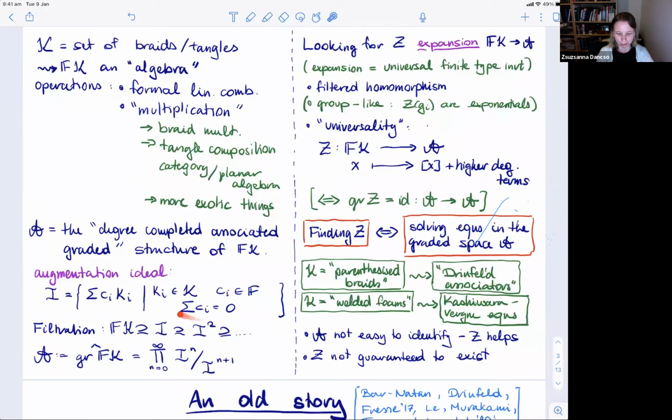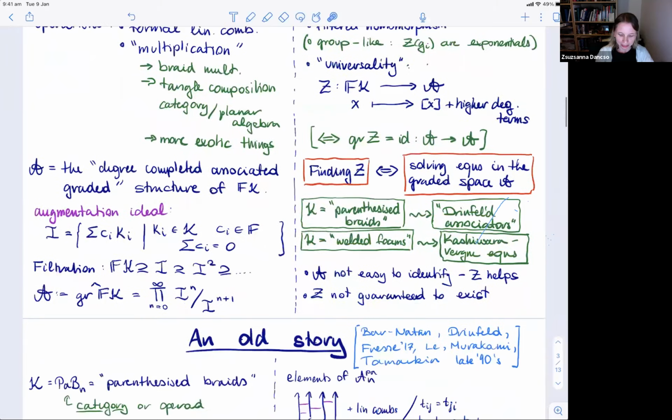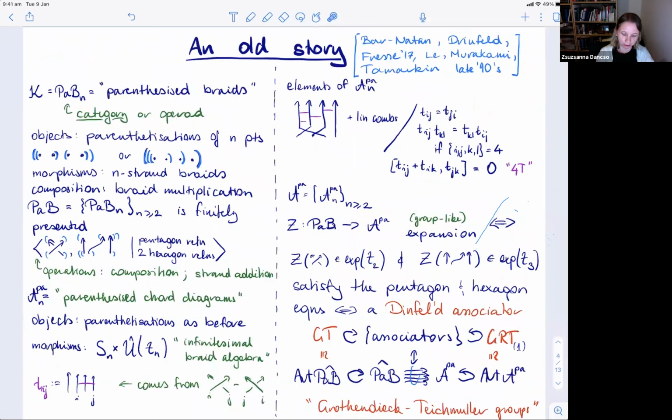So the set of parenthesized braids where the sum of coefficients of the braid equals 0. And indeed, it comes from a difference of an overcrossing minus an undercrossing. So it somehow represents a crossing change of sorts. And you can see, in the difference, the sum of coefficients is of course 0. It's 1 minus 1.